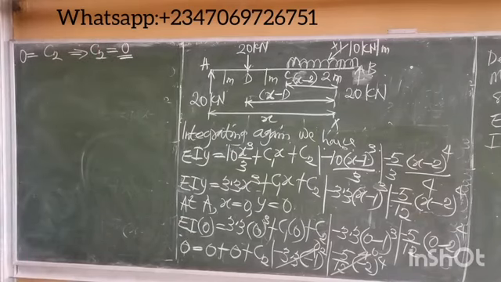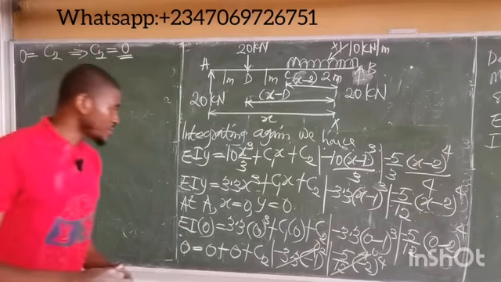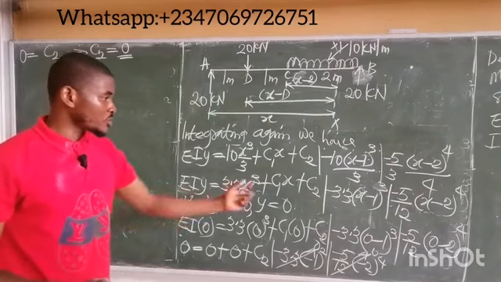So if C2 is 0, we simply substitute C2 into the deflection equation.